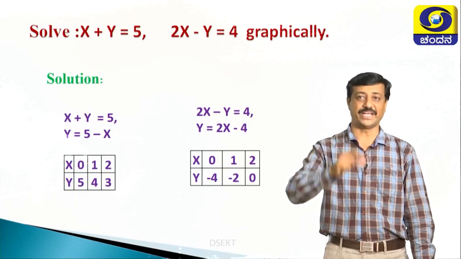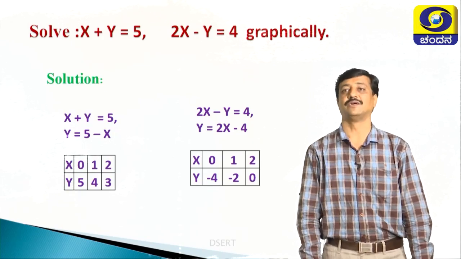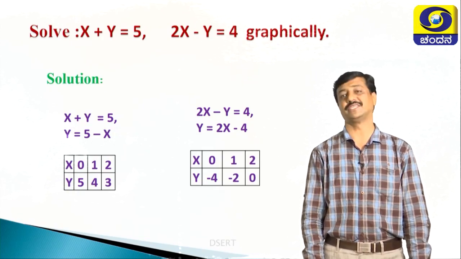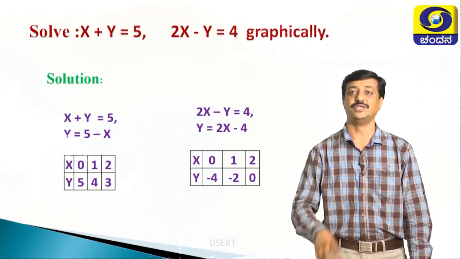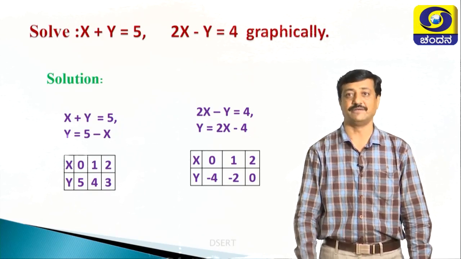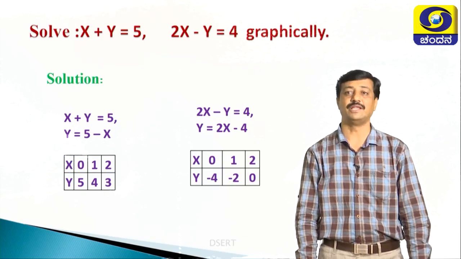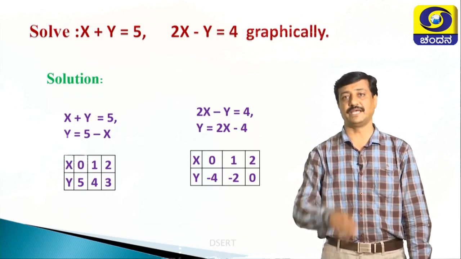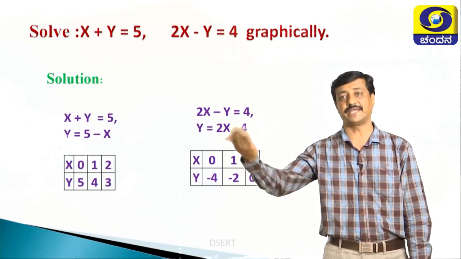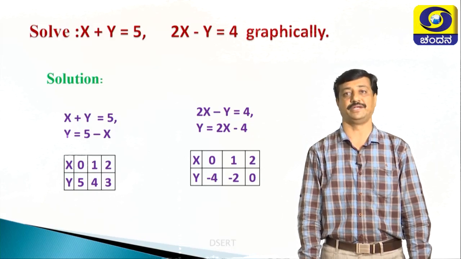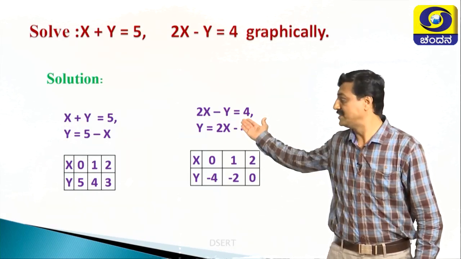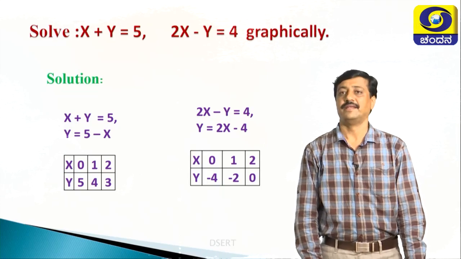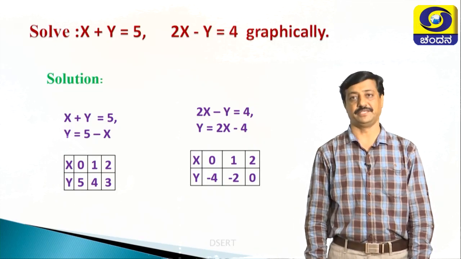If you substitute x value as 0, you will get y value as minus 4. In the same way, for x value 1, you will get y value minus 2, and for x value 2, you will get y value 0. For the first table, we have 3 points. For the second table, again there are 3 points. After getting these 2 tables, let us plot a graph on the graph sheet.